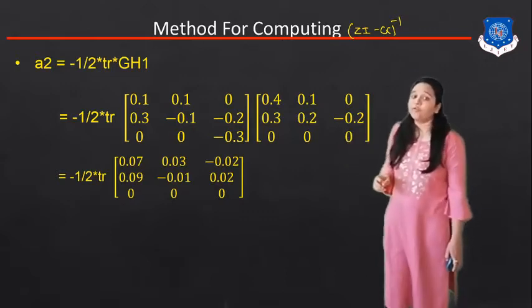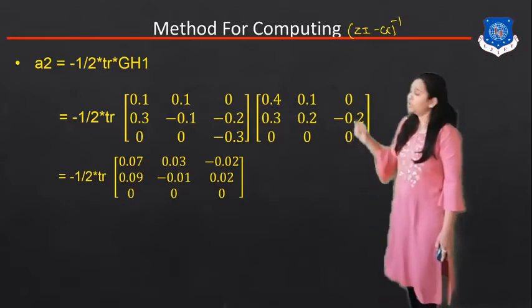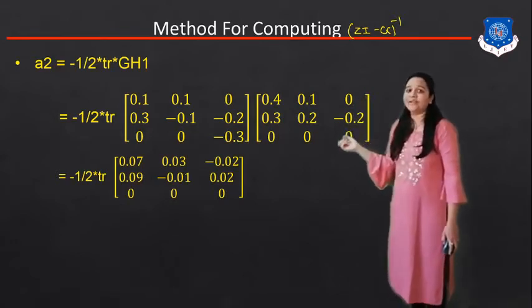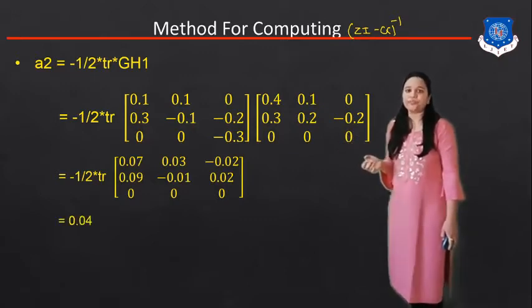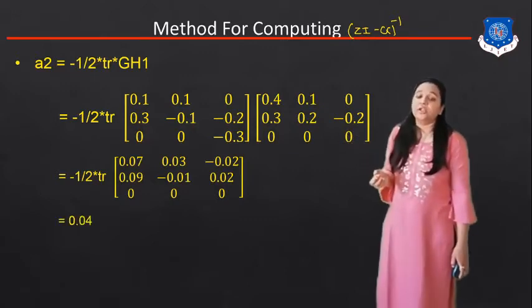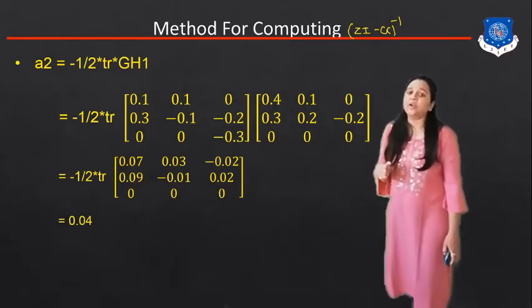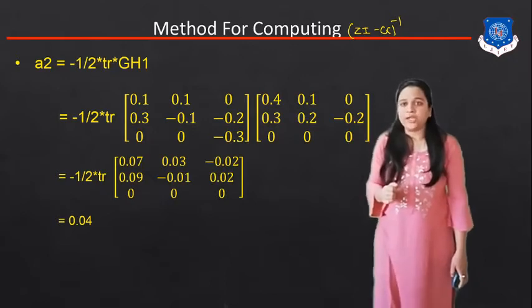Now we have to find the trace of this matrix. So 0.07 plus minus 0.01 plus 0, we get 0.04. Then divide by 2, so we get A2 is equal to minus 0.02.